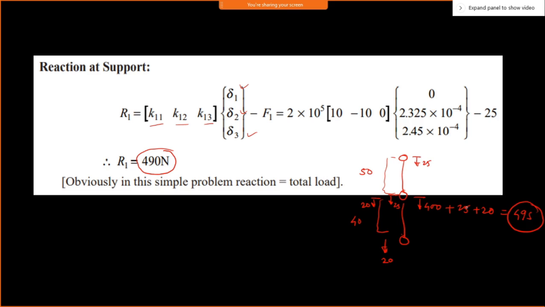And this is nothing but the externally applied load, which is exactly equal to your reaction supported by this. This will pull it, so in the downward direction, it will have a reaction. These two should match.